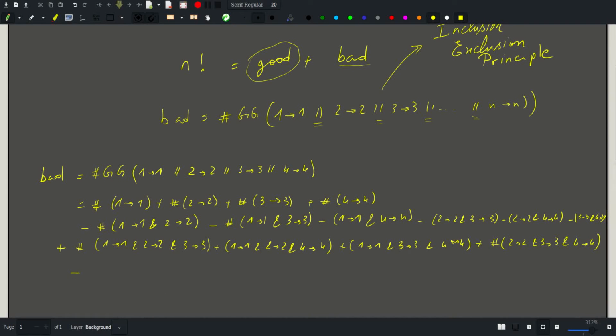And finally we will have to subtract the number of ways where 1 maps to 1 and 2 maps to 2 and 3 maps to 3 and 4 maps to 4.